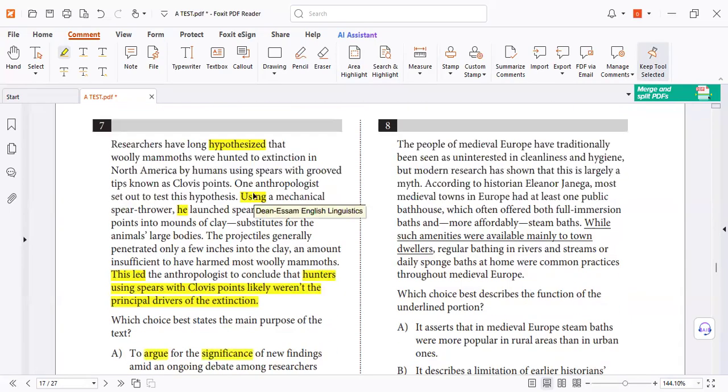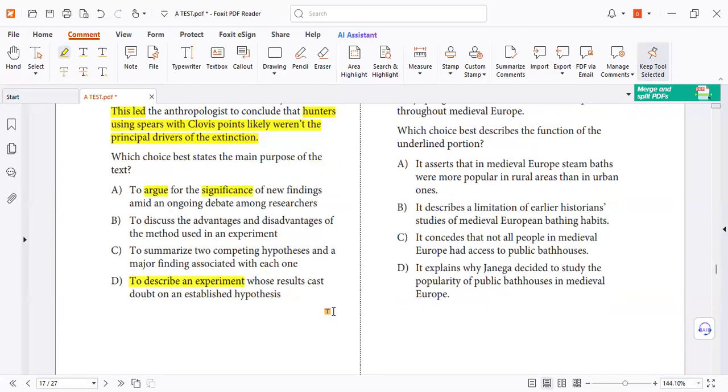That's why I said here, look, using he hypothesized, found, and wait, whose result cast out. What does cast out mean? The results prove that something was wrong. People in the past believed this, and the experiment proved it was wrong. As he said, we're not the principal drivers of the extinction. It was something else. Like that. Letter D, perfect.